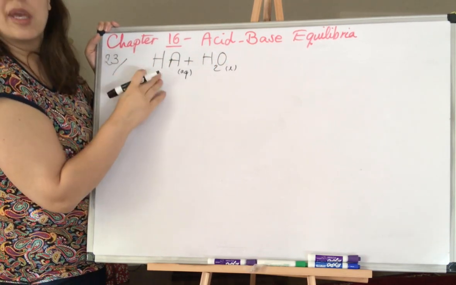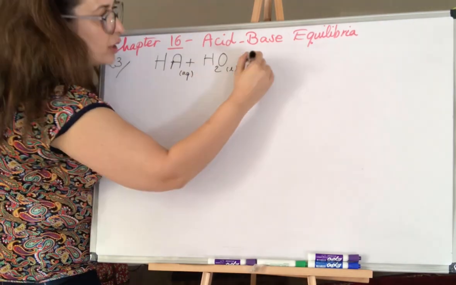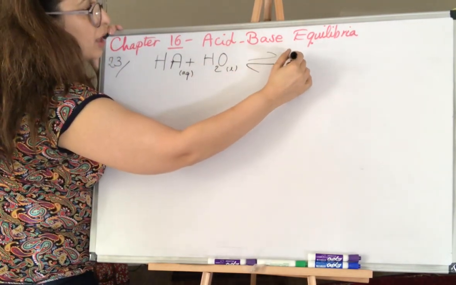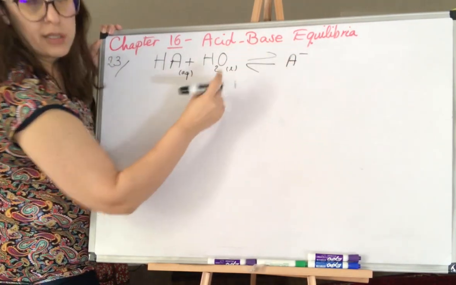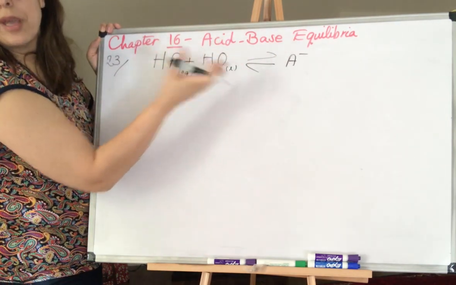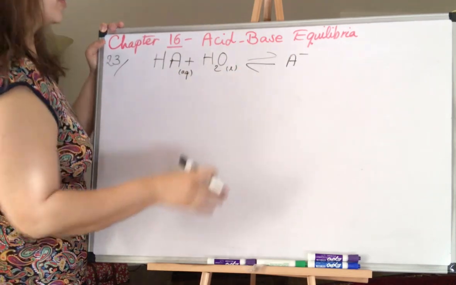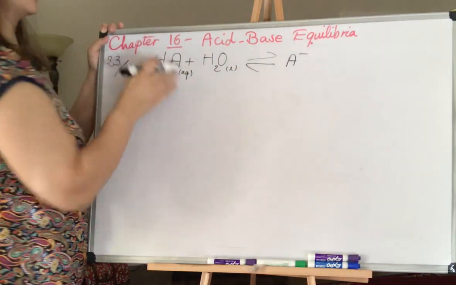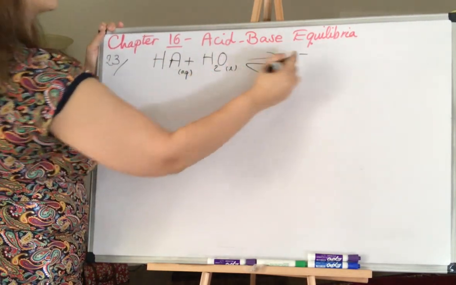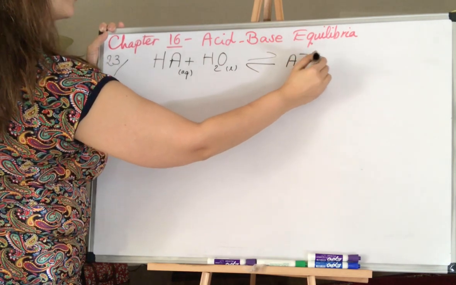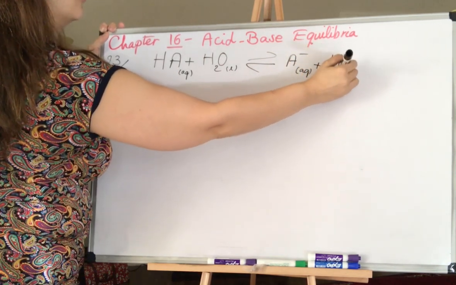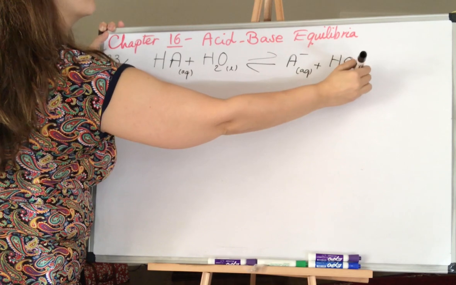HA is the weak acid plus water, and that's the equilibrium. It's the anion, the para-hydroxybenzoate ion. But you don't need to be worried about any formula. Just go with your magic equation, plus H3O.